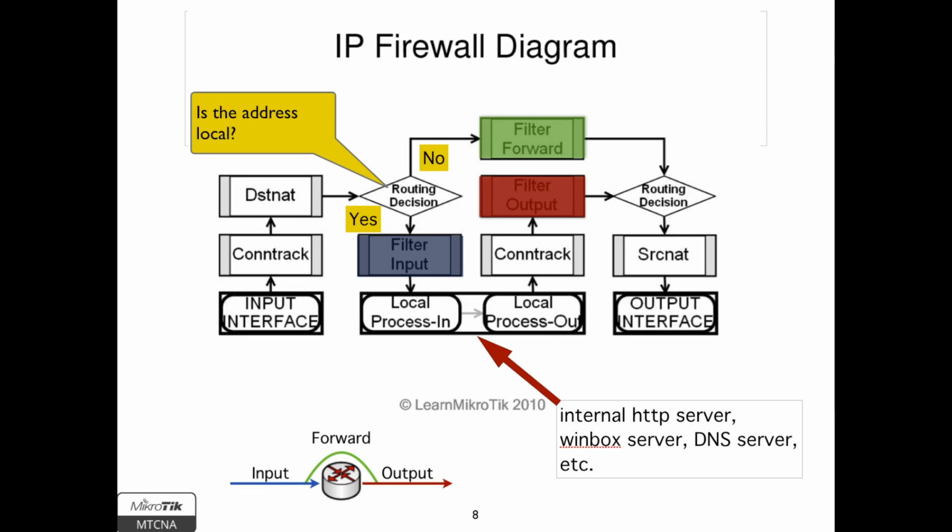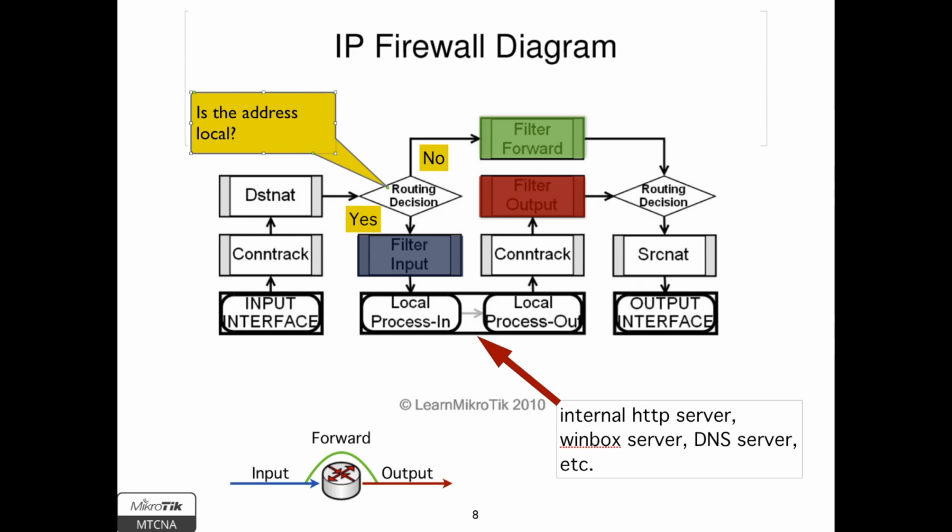So for example, any packets with a destination address that is an address on the router will go to the filter input, and then they will finally be handled by the internal HTTP server. Another example is the Winbox server, the thing that is handling your Winbox request that you're sending to the router, and also the built-in DNS caching facility that is in RouterOS.